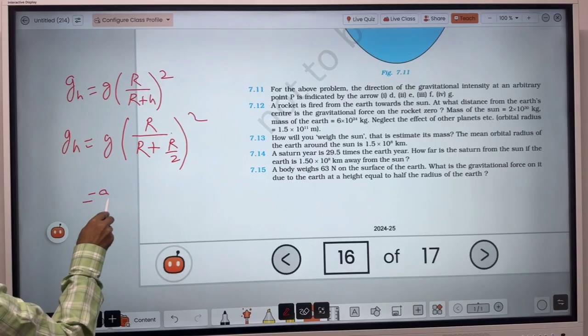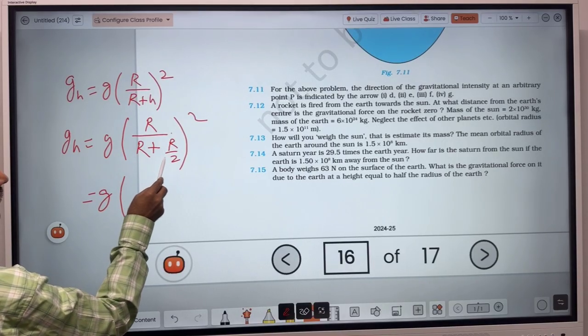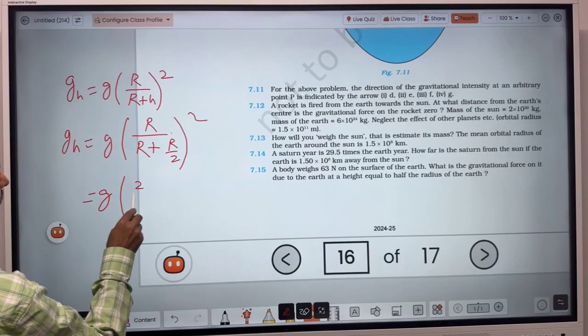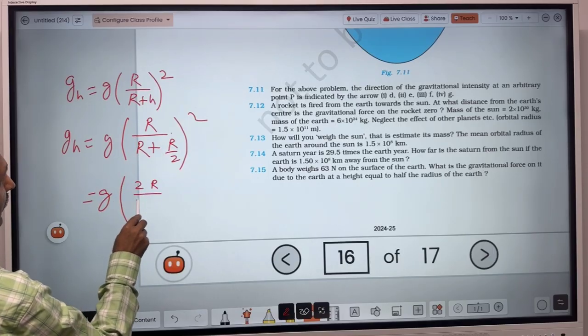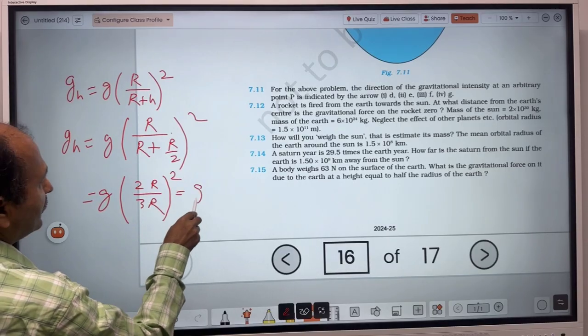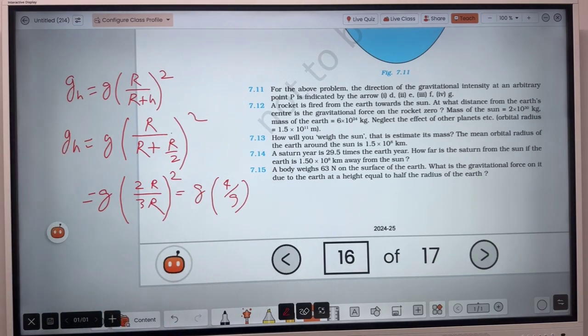Simplify: this will become 2R plus R, 3R. So g times (2R by 3R) whole square, that is g times 4 upon 9.